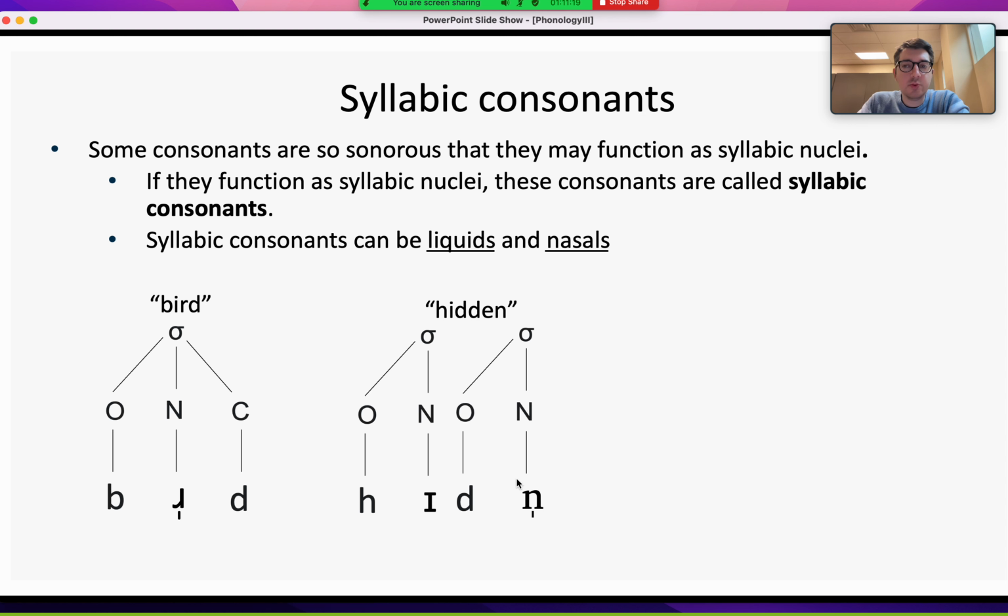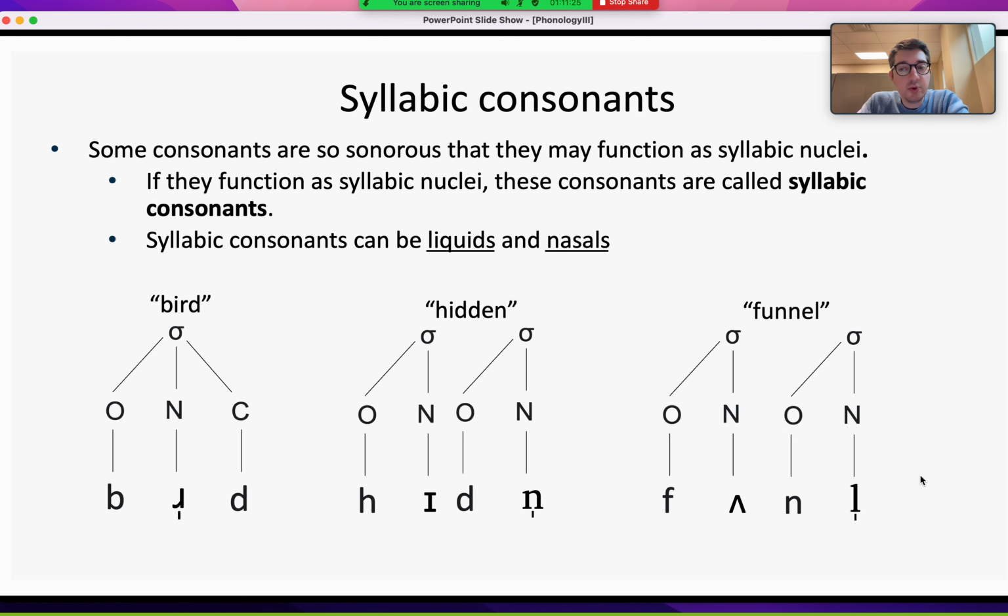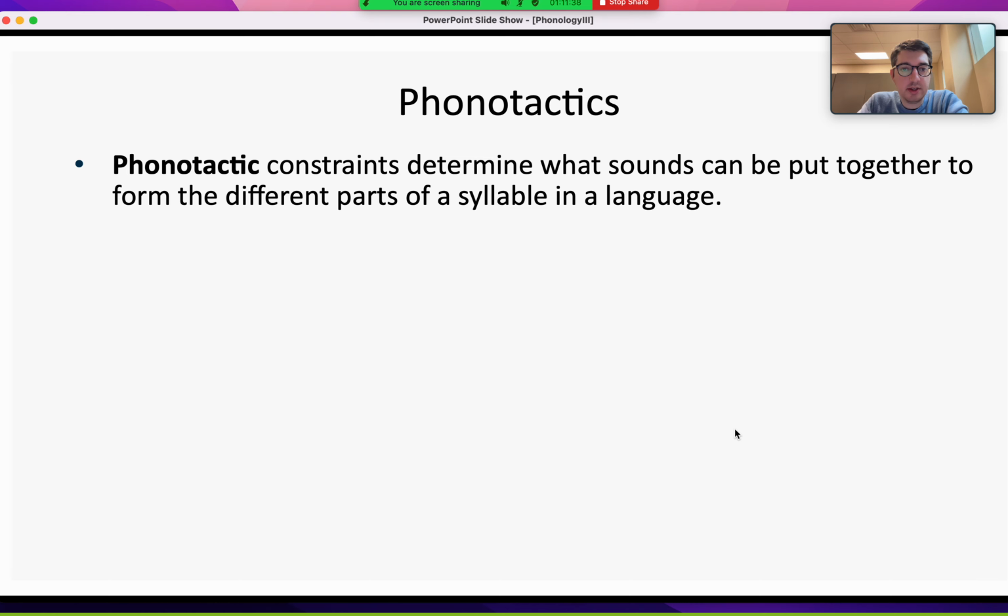Hidden as well. Hidden, right? Funnel, l as well. Funnel, right? Onset and nucleus. So these are syllabic consonants, and syllabic consonants can only be liquids and nasals, right?